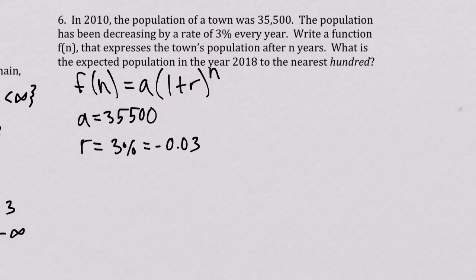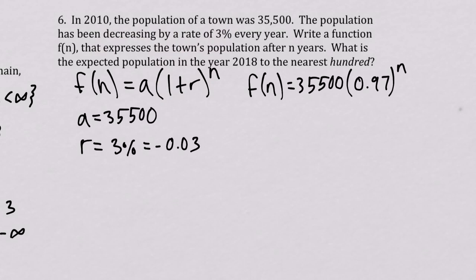And once you think of it that way, it's much easier to solve, because all you got to do is just plug in those numbers. So it's going to be f of n equals 35,500 times 1 minus 0.03, 0.97 to the n power.